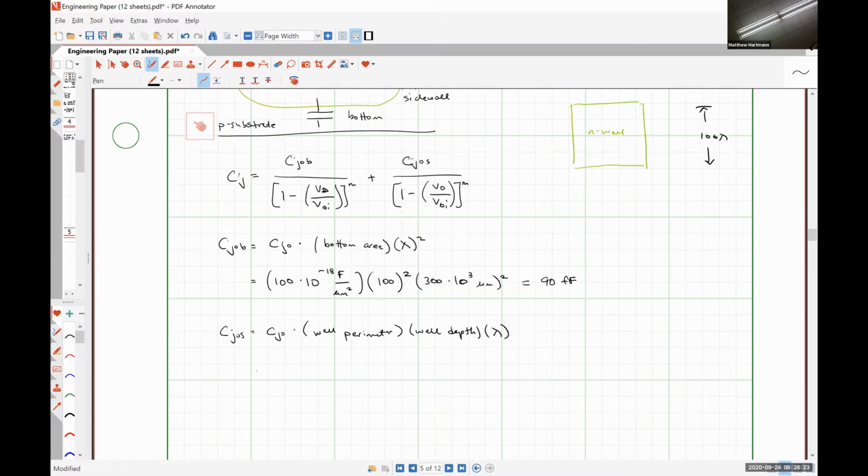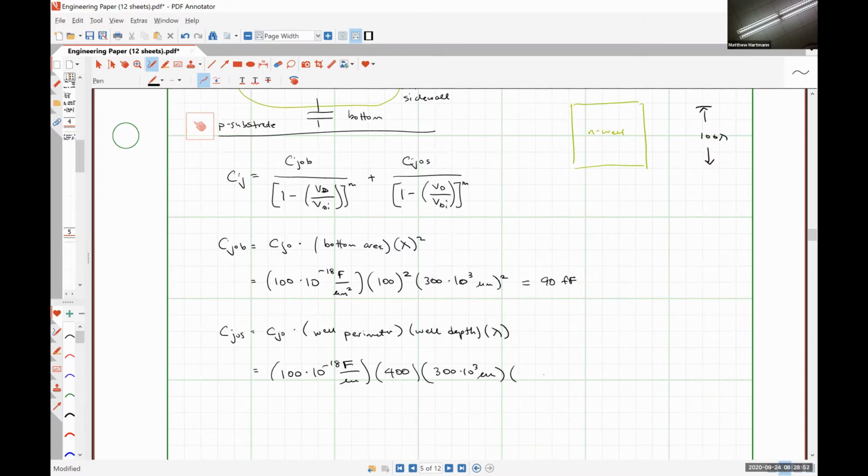So if we substitute in our numbers, 100 times 10 to the minus 18 farads per micron squared, the well perimeter is going to be 400 lambda, where lambda is 0.3 microns.